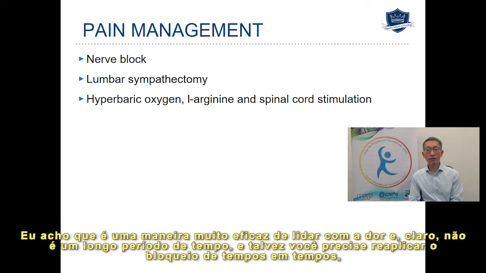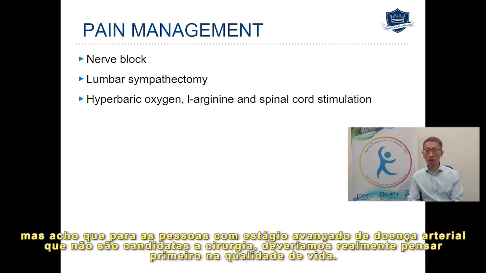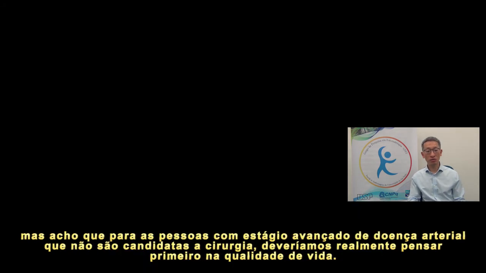I think it's a very effective way to manage pain, though of course it's not a long duration, and you might have to reapply the block from time to time. But for people at an advanced stage of arterial disease who are not surgical candidates, we should really think about quality of life first.